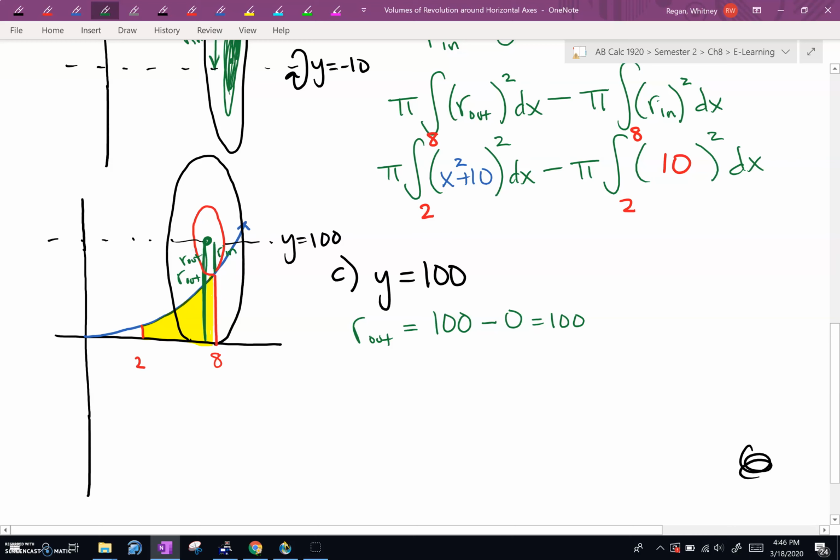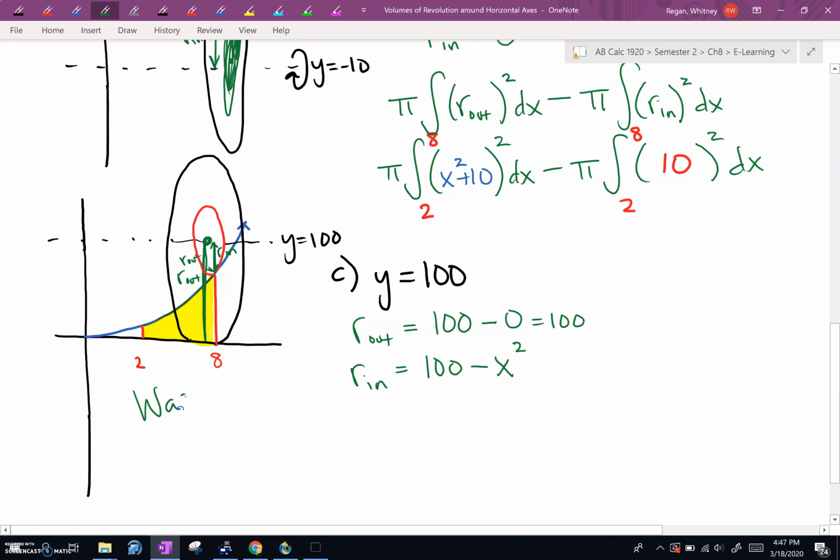So this piece that's kind of closest. For us, that inner radius, the top part is actually 100 minus our equation here, which is x squared. So the whole thing will be a part of R out. The little hole that we need to subtract out is using the R in.